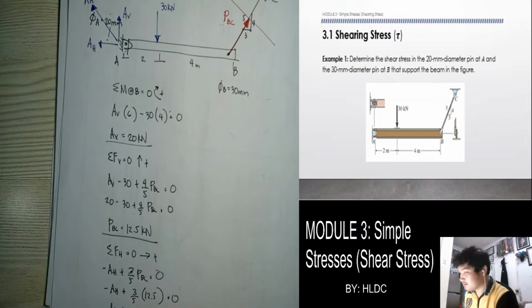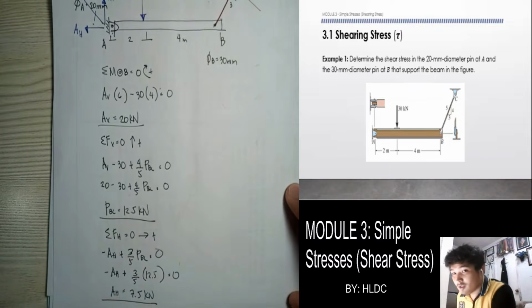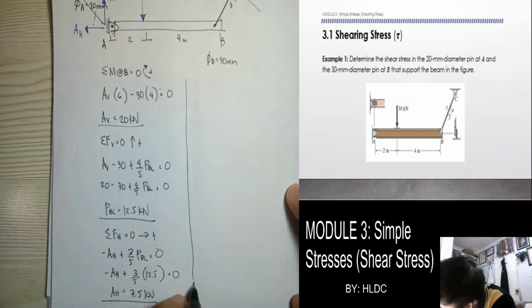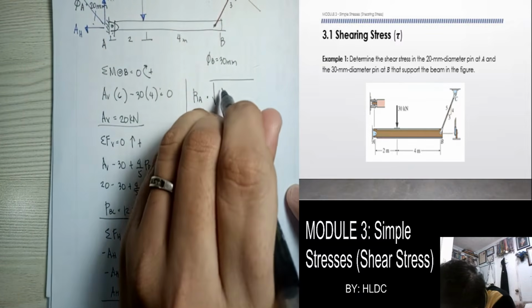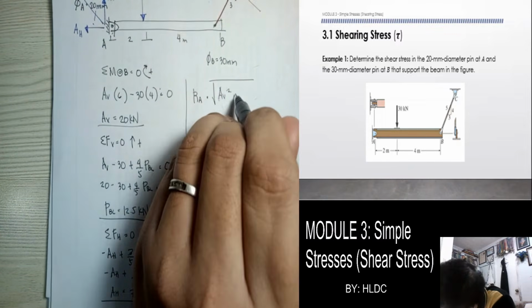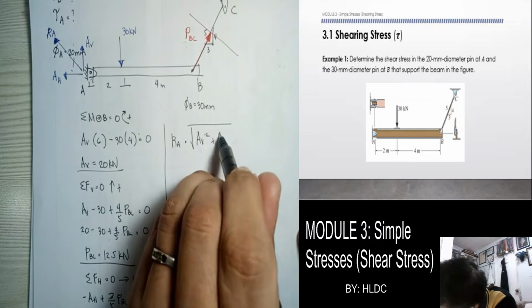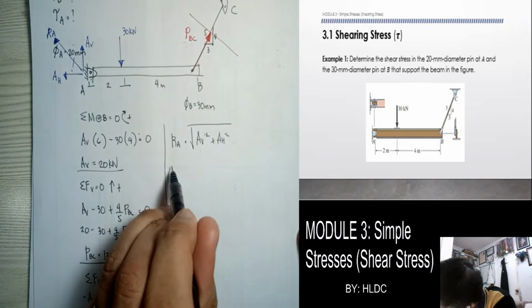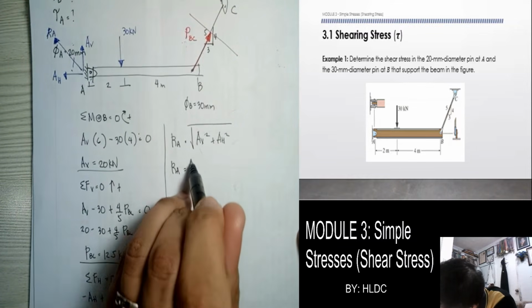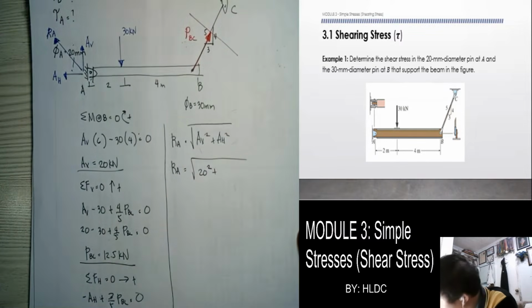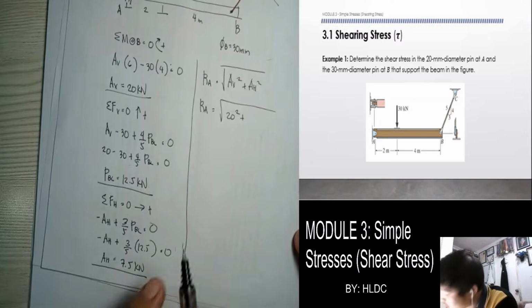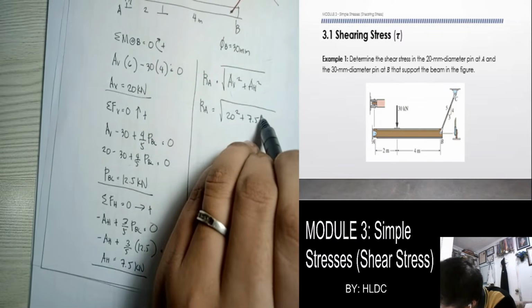Okay. So that reaction at A equals the square root of AB squared plus AH squared. RA, AB is 20 squared plus AH, so ito yan, 7.5 squared.